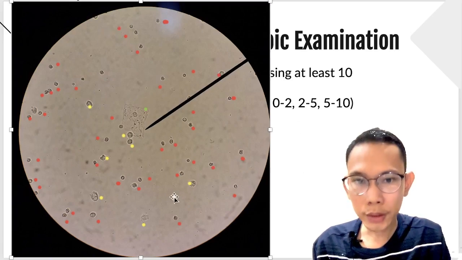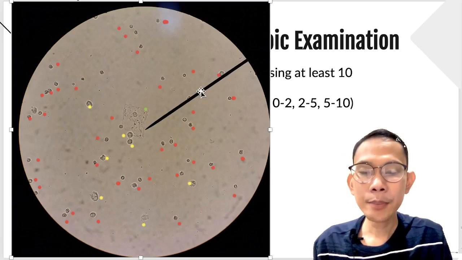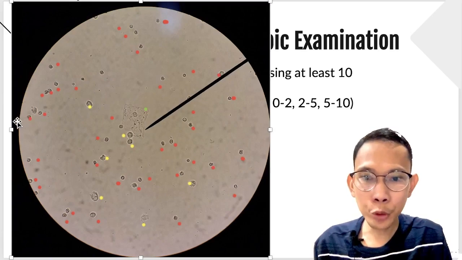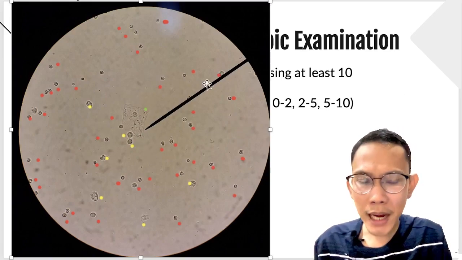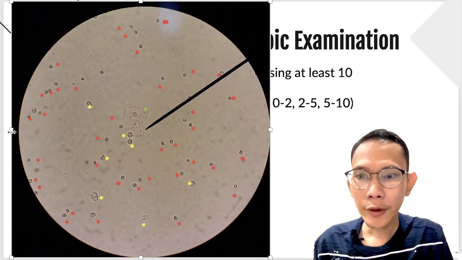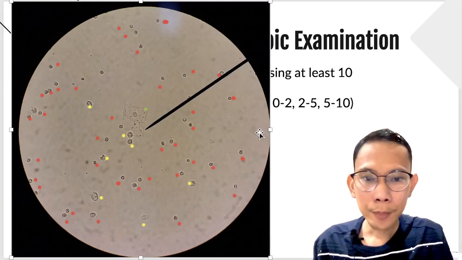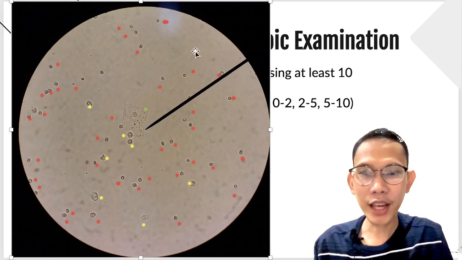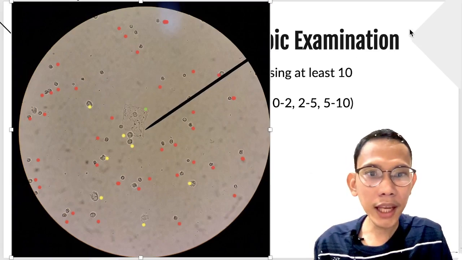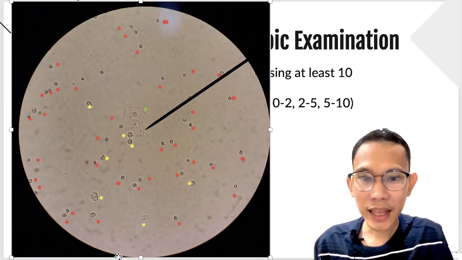Ang nangyayari kasi, minsan, ang mga students, they just move the slide, the microscope up to this tip. So, dito lang and up to here. That is wrong because natapos mo na ito nabasa, babasahin mo naman ito ulit. So, again, from this one to this one, you move your microscope on another field. So, tip to tip ang ating changes. Okay? This is one field and another field here. Then, you count at least 10 fields.